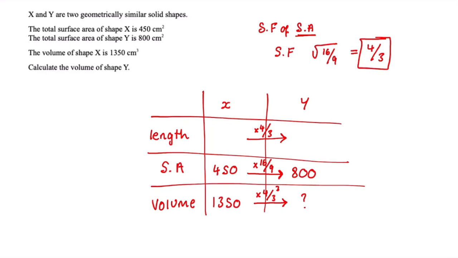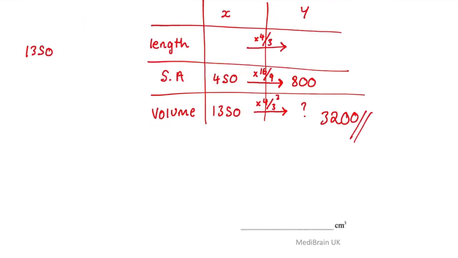So you have 4 over 3 cubed, and then you multiply it by 1350, and that gets you an answer of 3200.